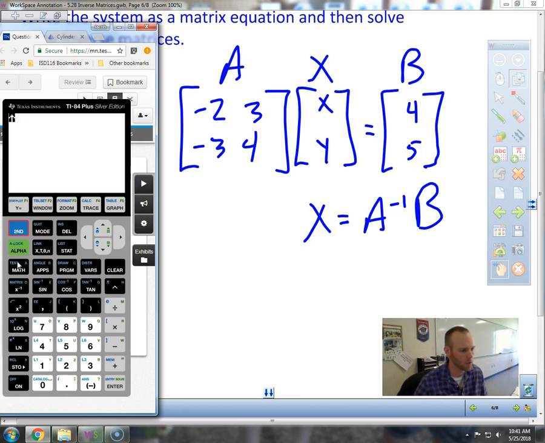Now, I'll show you this. If I want, I can take matrix A inverse, that's the inverse button, notice the -1 there. This is A inverse.